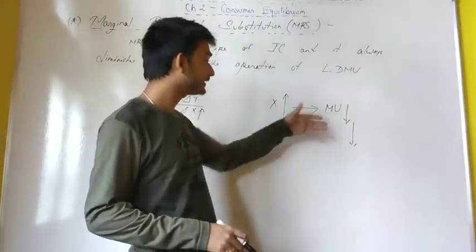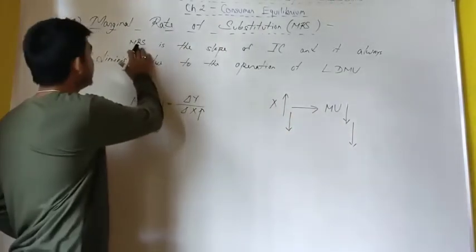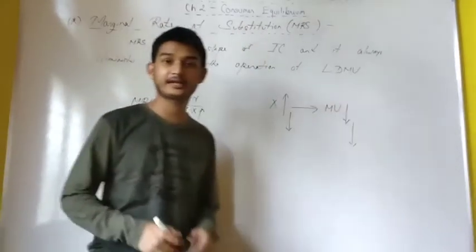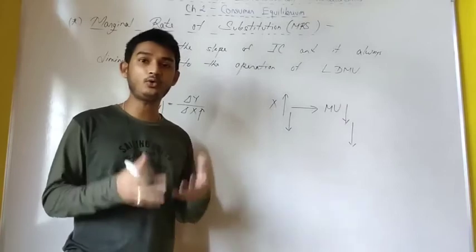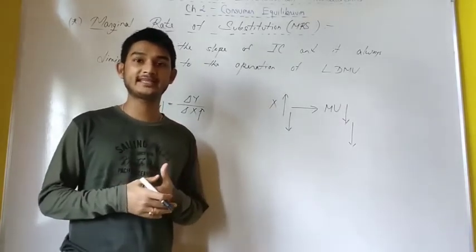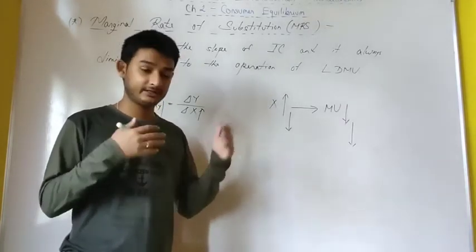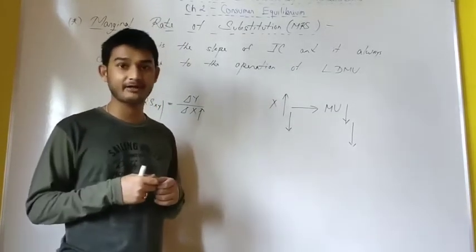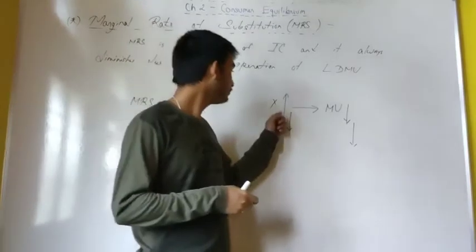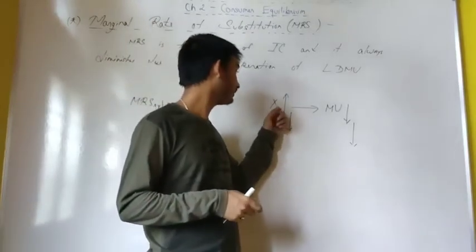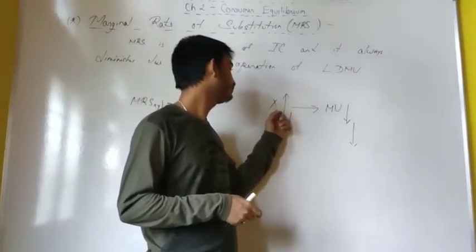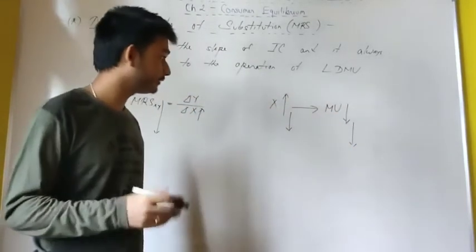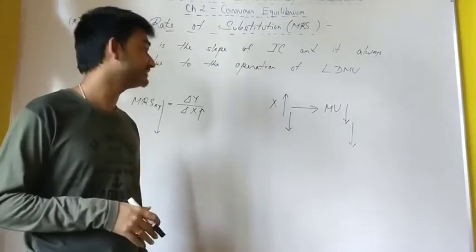If that tends to diminish, and we are also saying that MRS is the slope of the indifference curve, then by the very definition of the indifference curve, at any point on it the consumer gets the same level of satisfaction. Now as the units consumed of good X increase, the marginal utility of good X decreases.